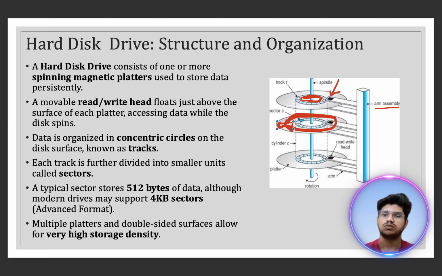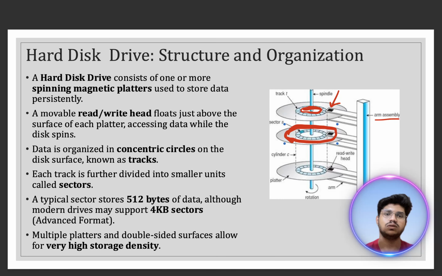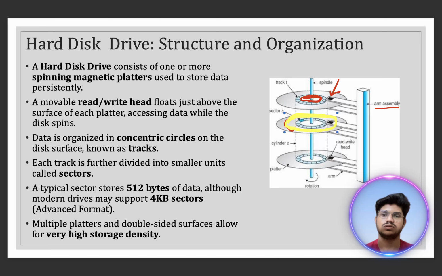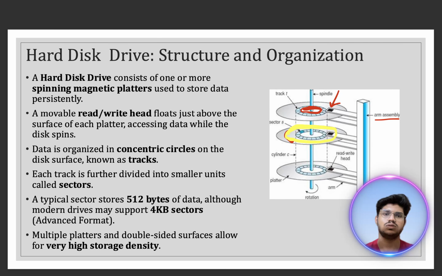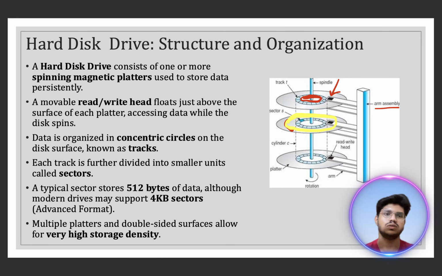Okay, so let's say this is a simple track. If I change the color to this, is it looking good? Okay, so let's say this is a small sector within this yellow track.